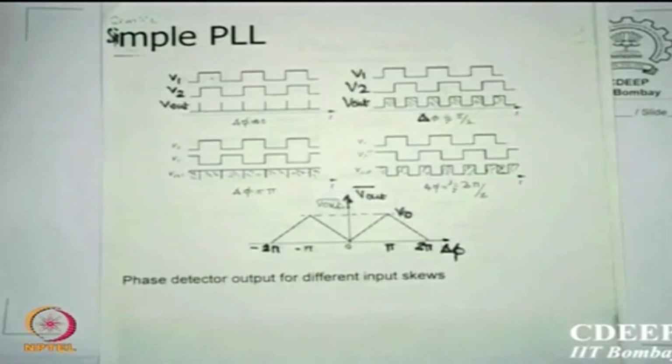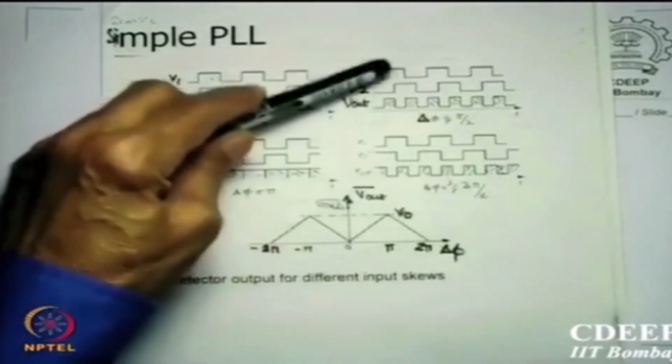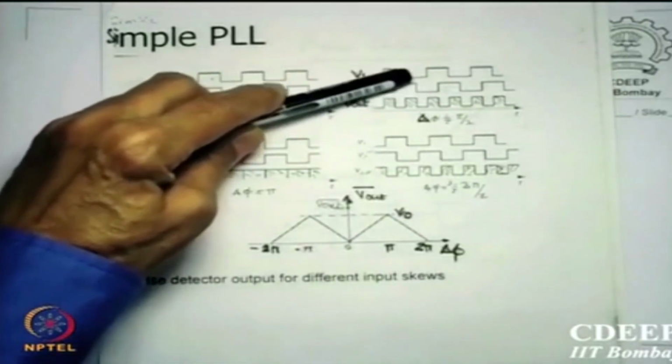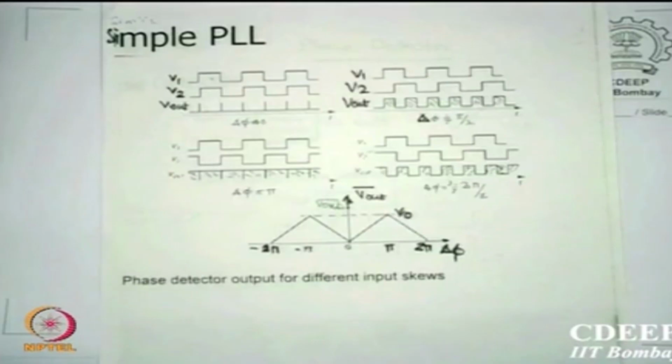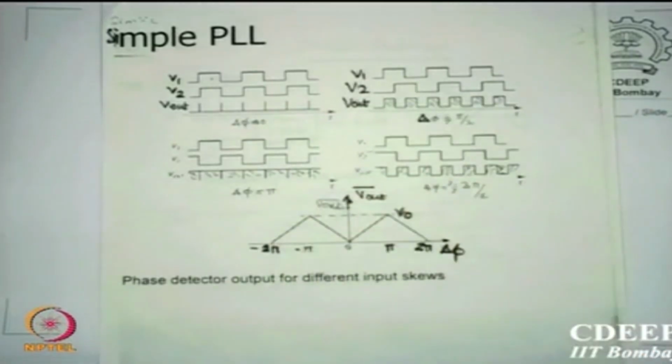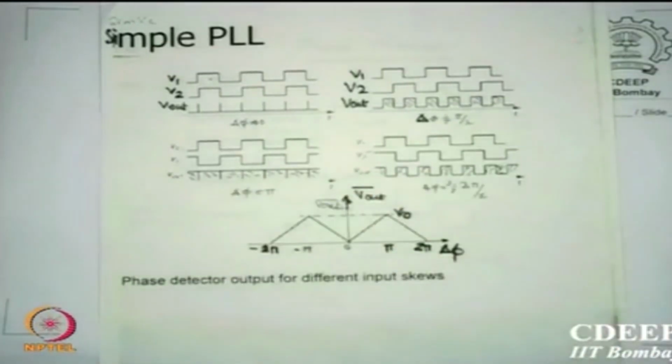Is that correct? 50% of the time, you can see here, this is 1, this is 1, so 0, but this is 0 and this part is 1. So wherever 1 0 occurs or 0 1 occurs, XOR will give you 1, okay. So correspondingly you will get such pulses, and what you have to do is the average of this, okay, is your control voltage. An integrator can also do the same. Okay.